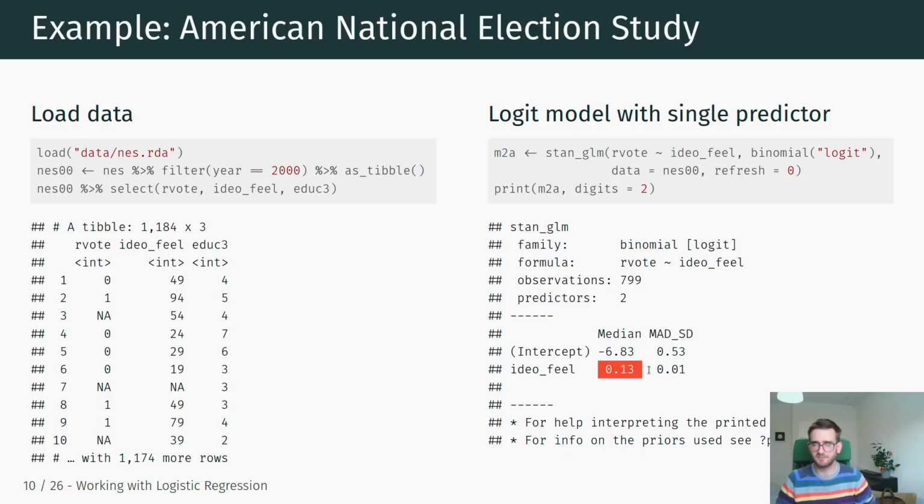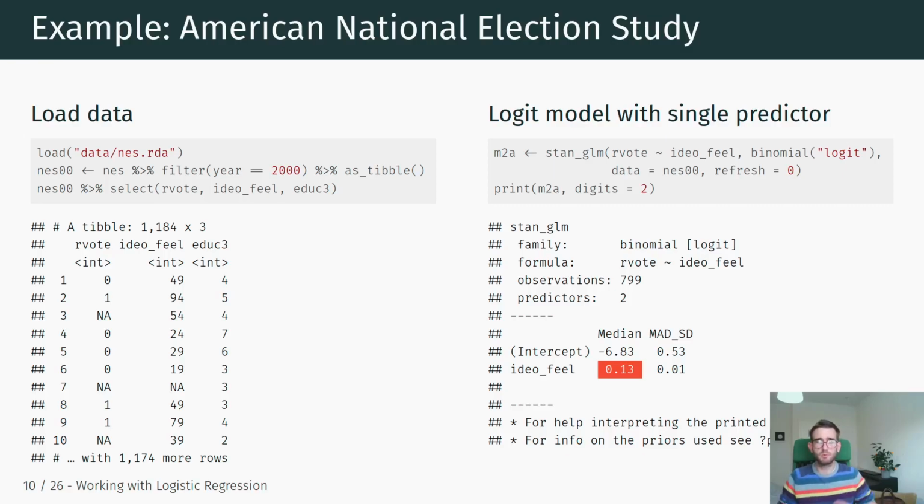And if we want an idea of the substantive size of that effect, remember we talked about the divide by 4 rule, where if we divide this coefficient by 4, we get an approximation of the maximum increase in probability that is associated with a 1-unit increase in this predictor. We'll talk about that more in detail as well.